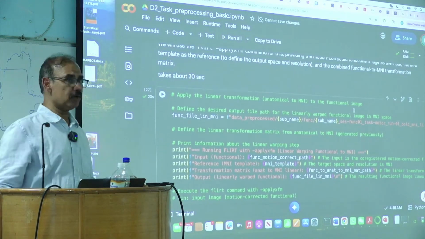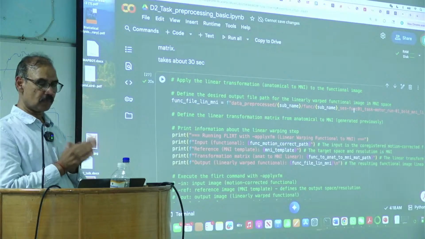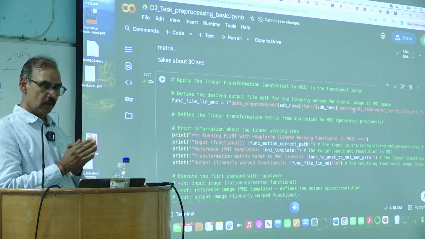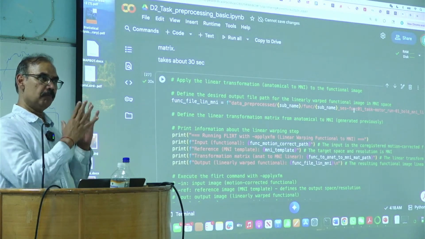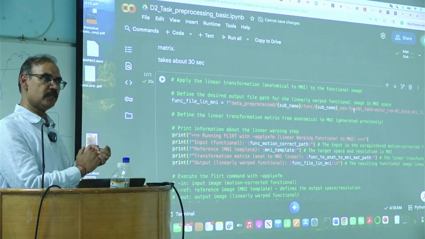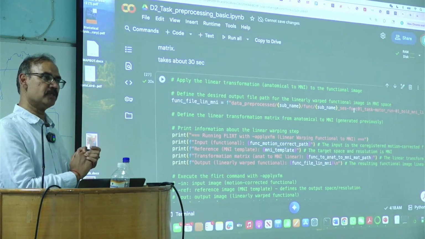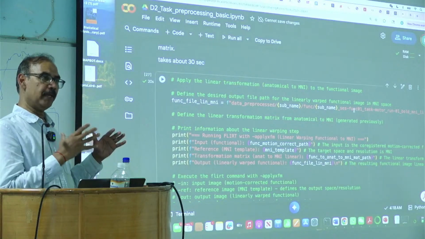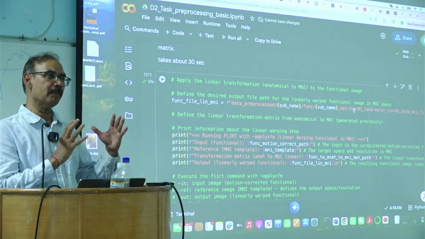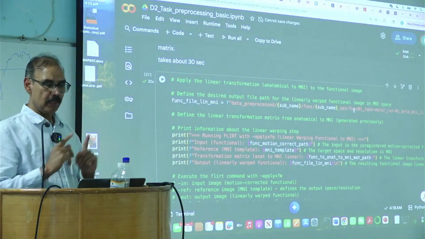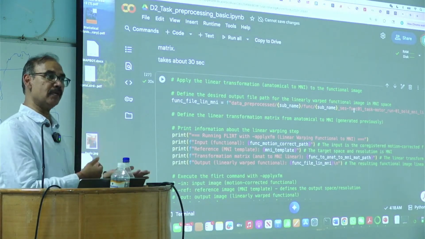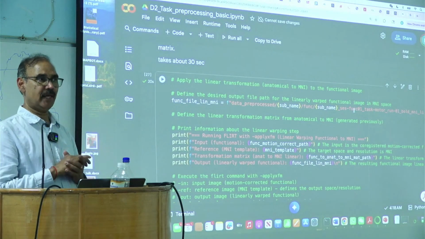So in here, what we do is we use the affine transformation, which was obtained when we transformed the anatomical to the MNI template, and use it on the functional data. Why is that?